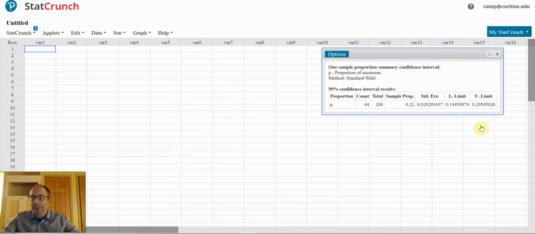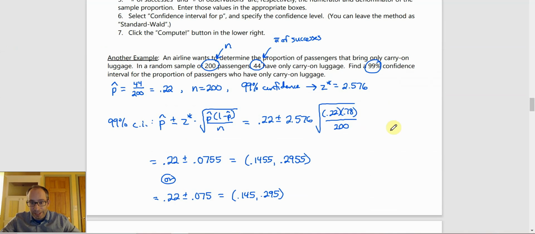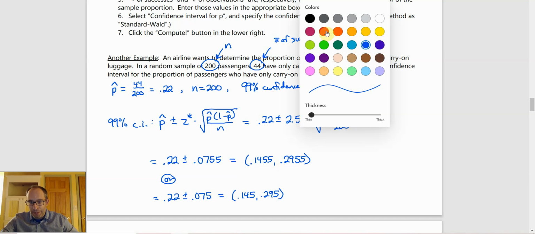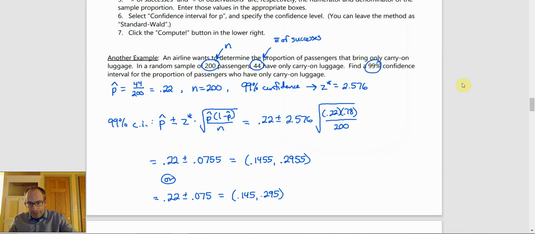So there you go. And look, it'll compute the standard error for you if you really want it, which is the root. So where it gives you the standard error of 0.029291637, if I go back here, it's this. So I guess I can diagram this thing.